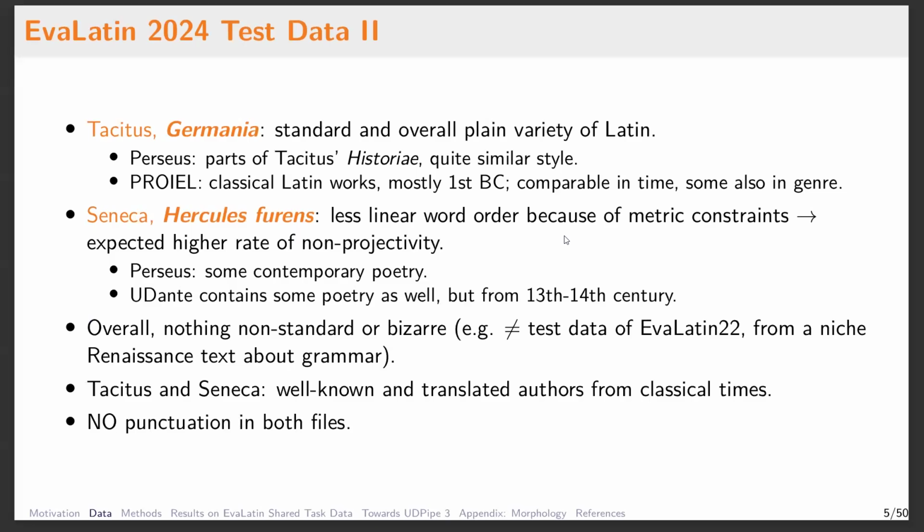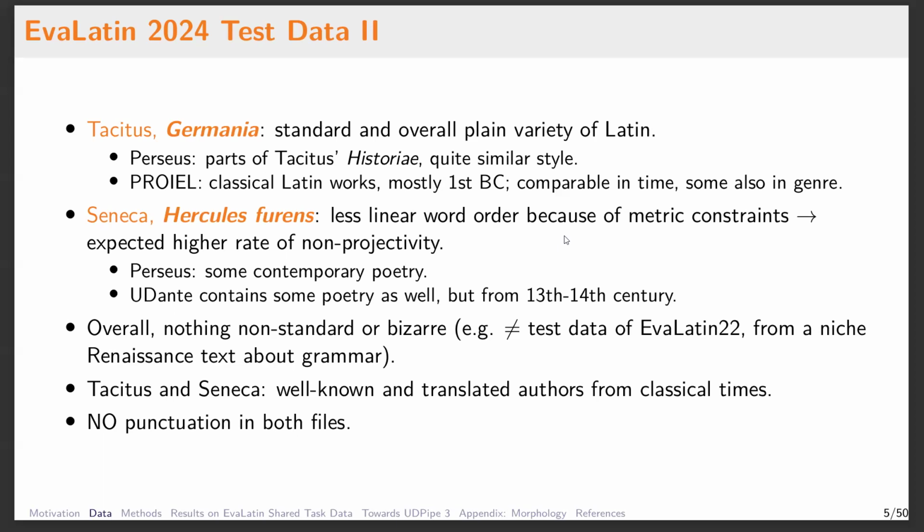But overall, test data were not really surprising. As I said, they were quite standard. And I'm saying this because, for example, in the previous edition, EvaLatin 2022, one of the texts selected as test data for the cross-time subtask was actually a grammatical treatise from the 15th century, quite bizarre, and with a lot of Greek in it.